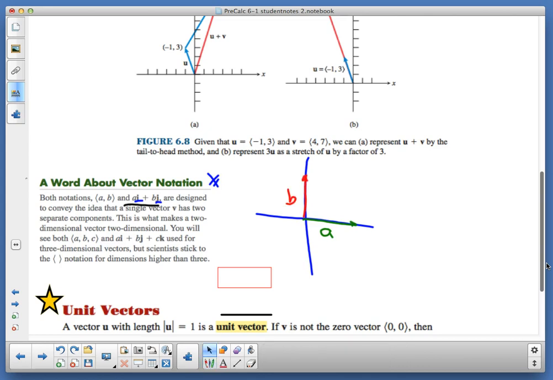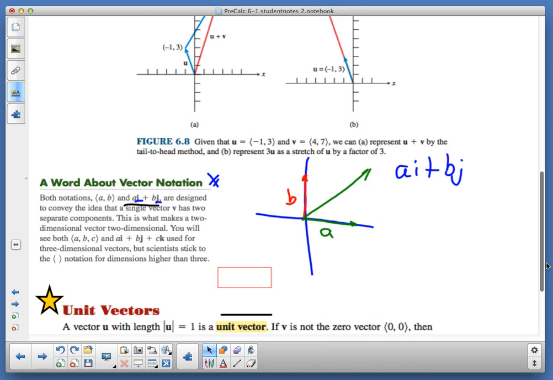We can represent it as Ai plus Bj, my vector notation, designed to convey the idea of a single vector v acting on some object. So it's forces from horizontal and vertical distance and seeing what the resulting is. And the result, when I'm done, is their combination. That's the result of them acting on an object separately.